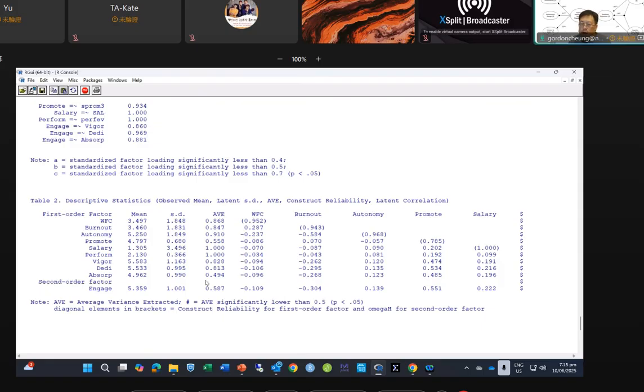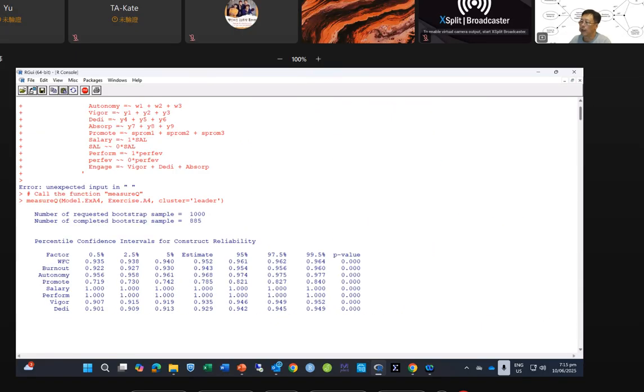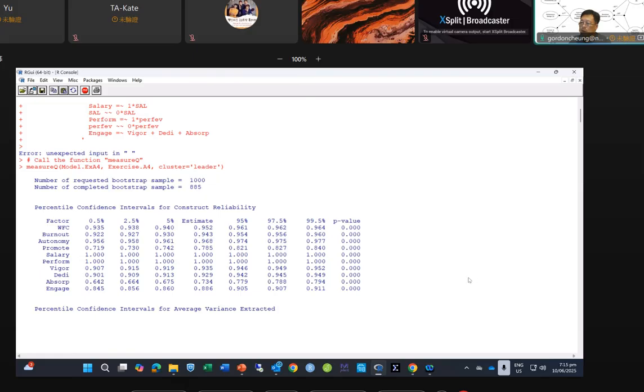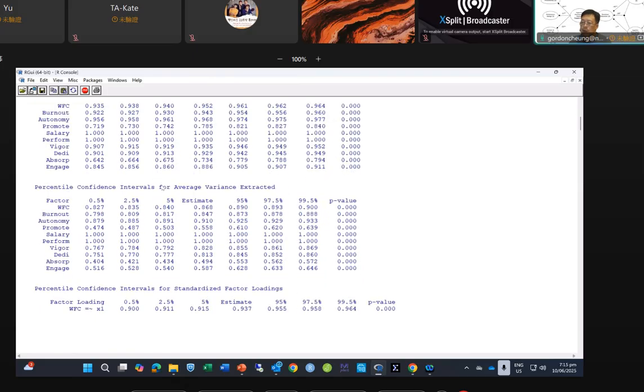So really ask the question why the AVE for this is below 0.5. Why we don't have an asterisk? Because for this particular AVE, although it's lower than 0.5, we create the confidence interval for the variance extracted for absorption here.